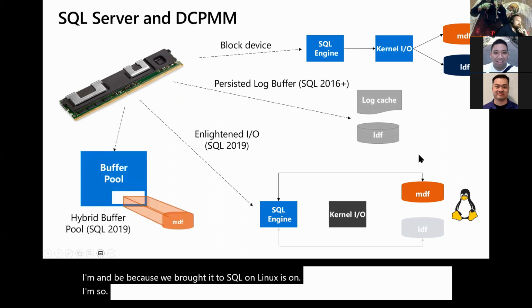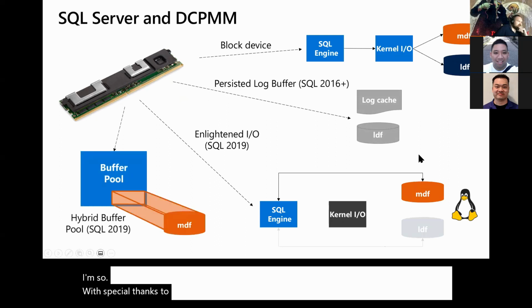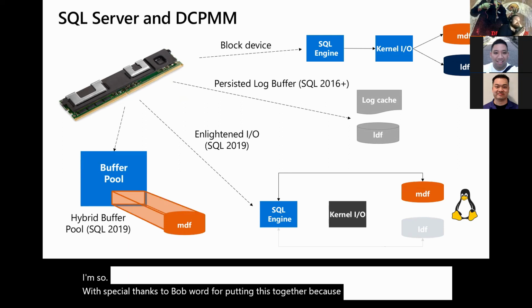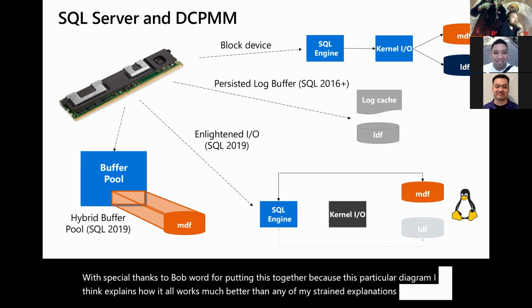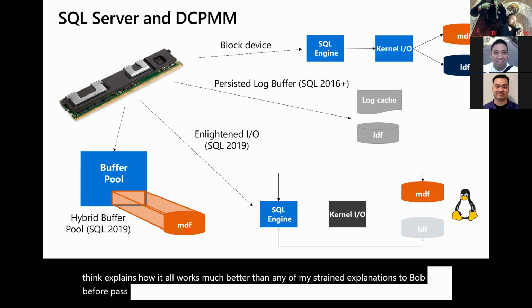With special thanks to Bob Ward for putting this together, because this particular diagram, I think, explains how it all works much better than any of my strained explanations to Bob before PASS, as he concentrated on his seventh talk and was like, how does this work again?